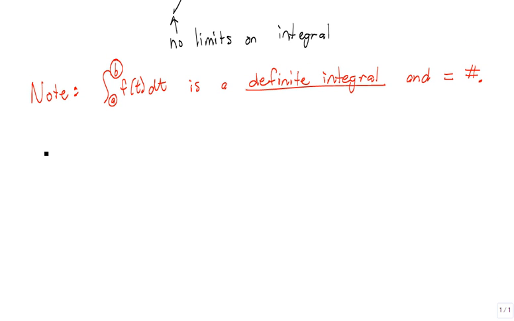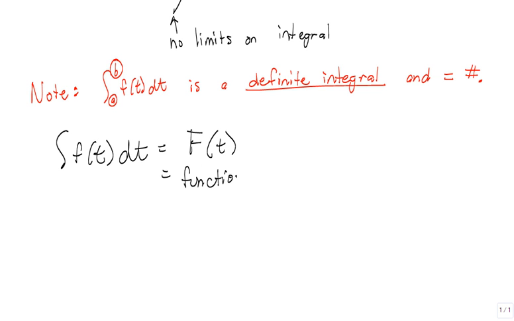So since it's the antiderivative, when we take the derivative of capital F, we get the integrand. This is called the integrand.